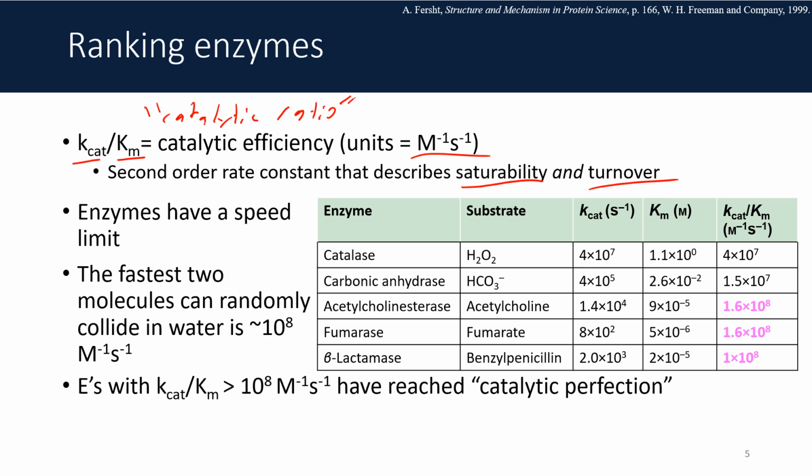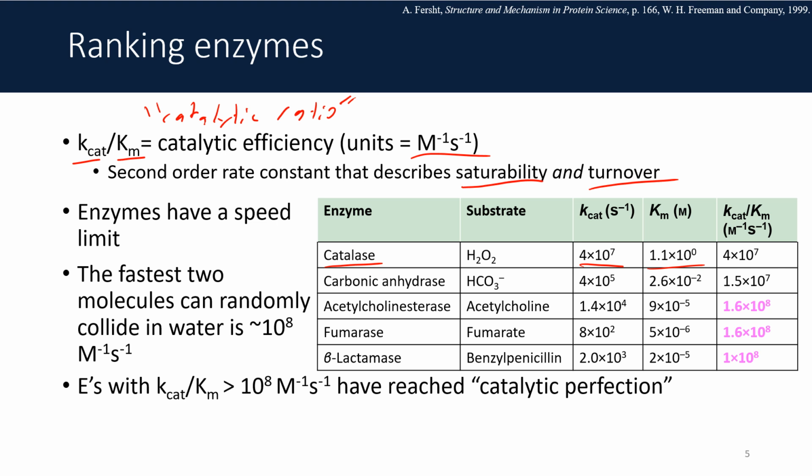Let's now re-examine that list of enzymes that I had on the previous slide from the perspective of catalytic efficiency or catalytic ratio. We began the table in both cases with catalase, and it has a very objectively impressive kcat, 40 million turnovers per enzyme per second, which is quite a lot. Its Km is 1.1 molar, which I'm telling you is a huge number.